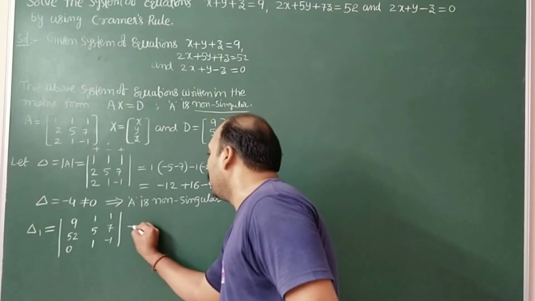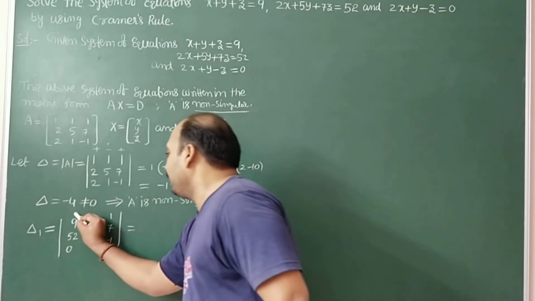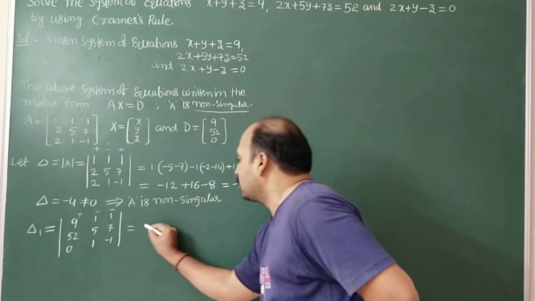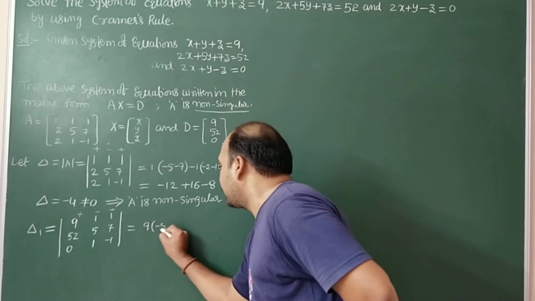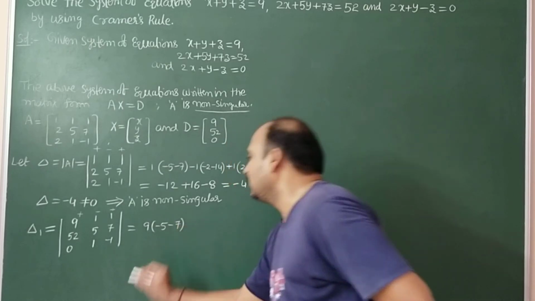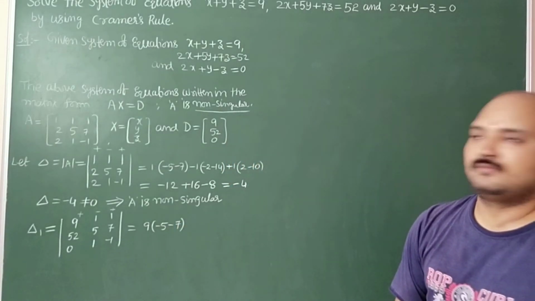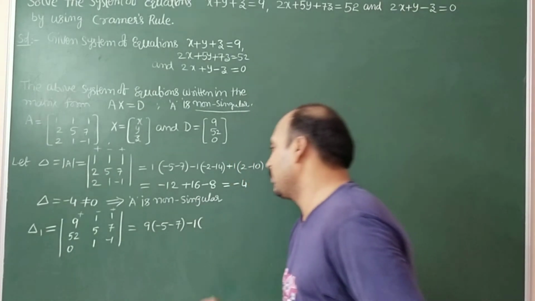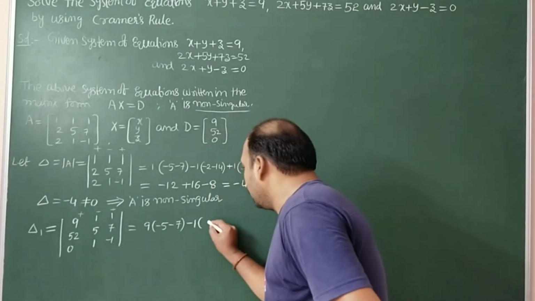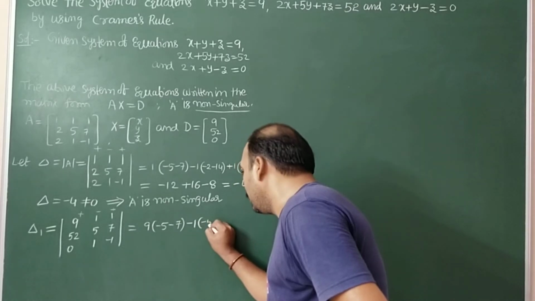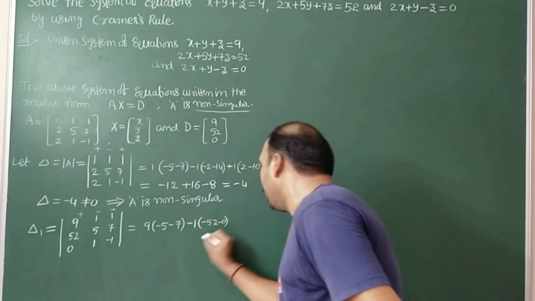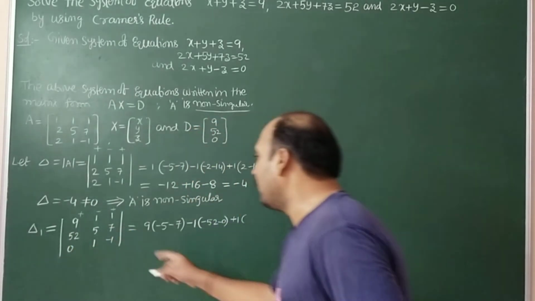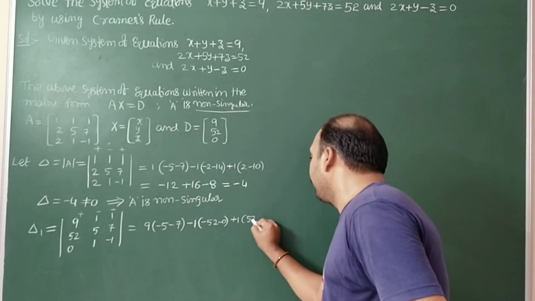So obviously we have to expand, plus minus plus. So 9 into minus 5 minus 7, minus 1 into minus 52 minus 0, plus 1 into 52 minus 0.